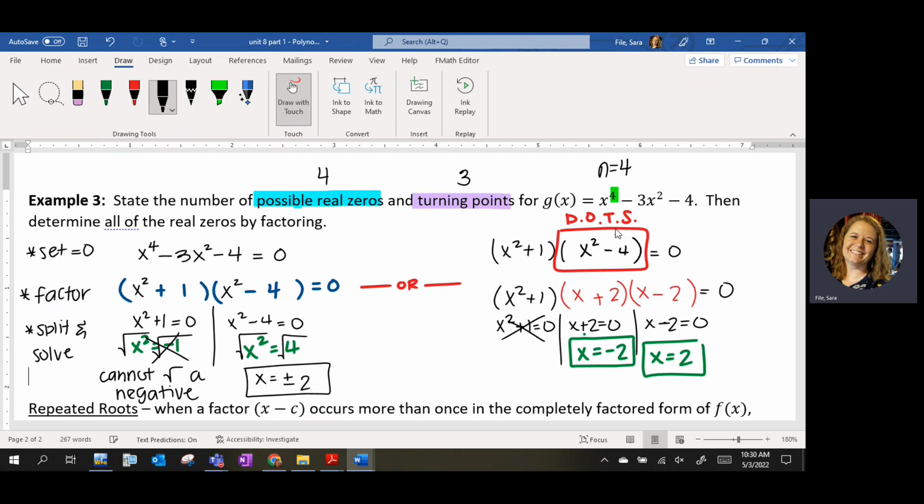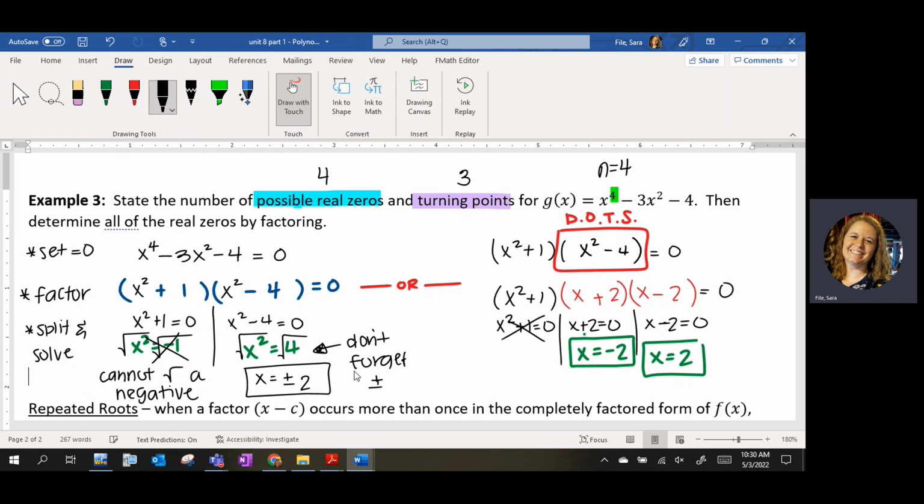So doing the difference of 2 squares to break it apart clearly shows there's 2 answers there, a +2 and a -2. Doing it this way, you just have to be extra careful not to forget that plus or minus.